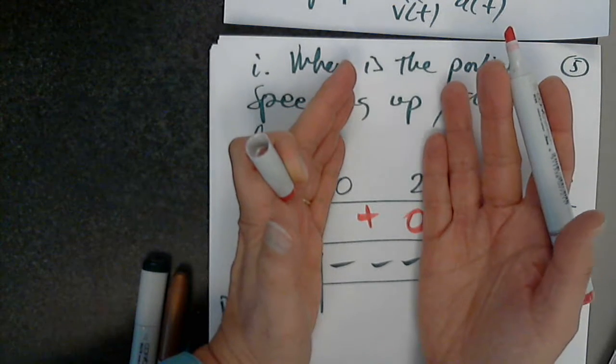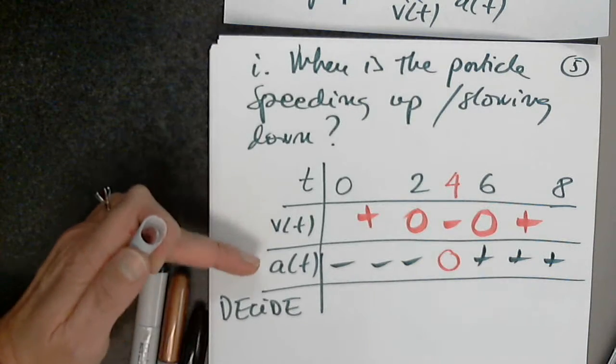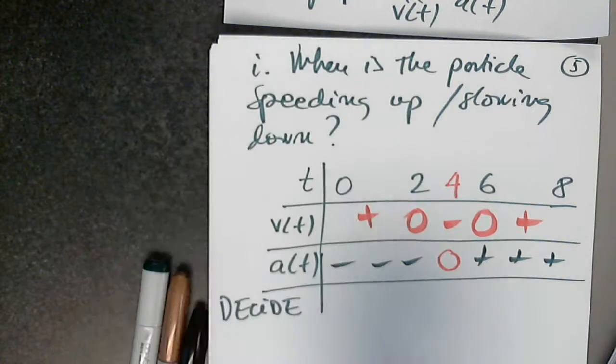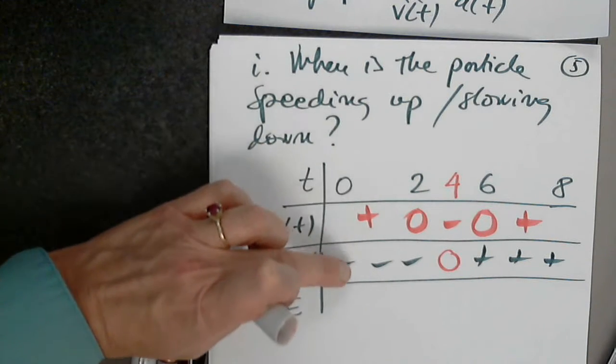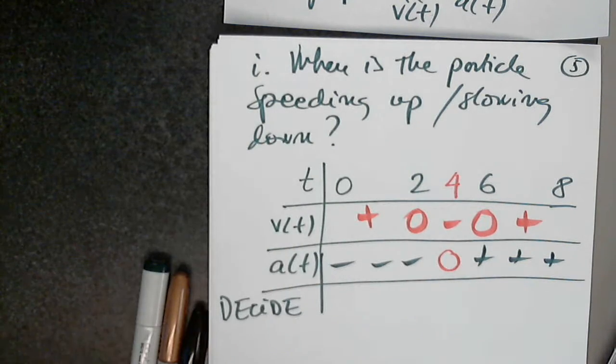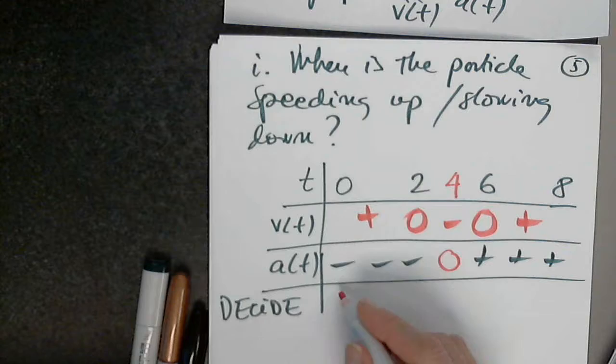The two forces are working against each other. The velocity is positive, but the acceleration is pulling it backwards. So what does the particle do when the velocity is positive and the acceleration is against it? Slowing down.